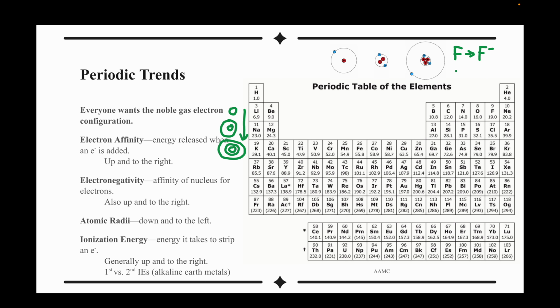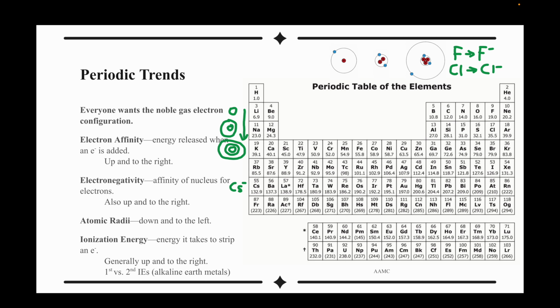And then same thing with chlorine here. Chlorine really wants to become chloride too. These two elements have a very high electron affinity because they really want electrons. If we look at something over here, like cesium, cesium does not want to gain another electron. Cesium minus would be a very difficult reaction to make. Therefore, cesium has a very low electron affinity.